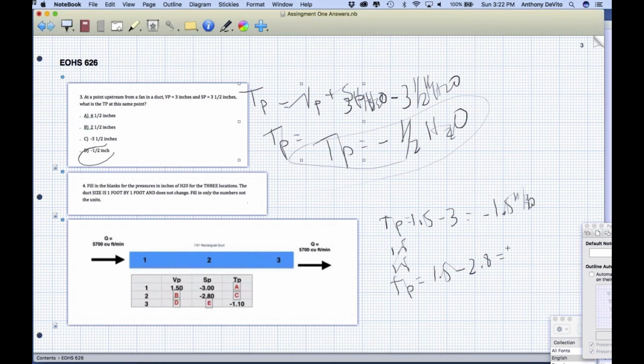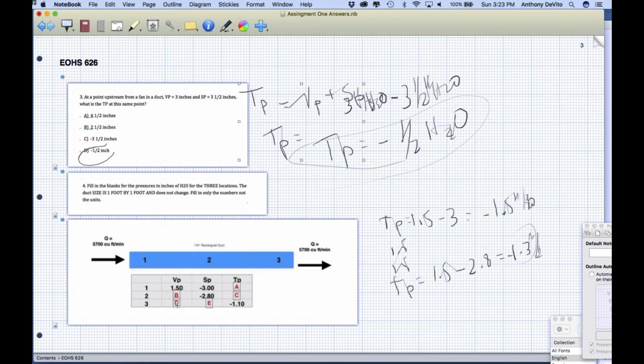So the difference there would be 1.3 inches, and that drop in total pressure is due to the loss in energy, that potential energy that static pressure actually represents. Okay, so that was that one.